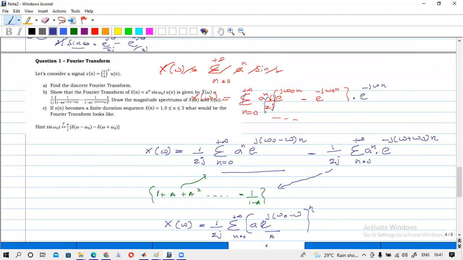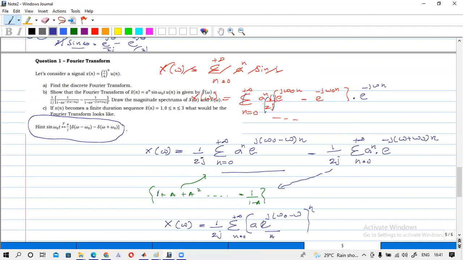And if you are going to use this result, you can assume t is equal to n, otherwise you can't get the value, because t is equal to nT. So you have to assume that T is equal to 1, the sampling period should be equal to 1 second, then n and T will be equal.